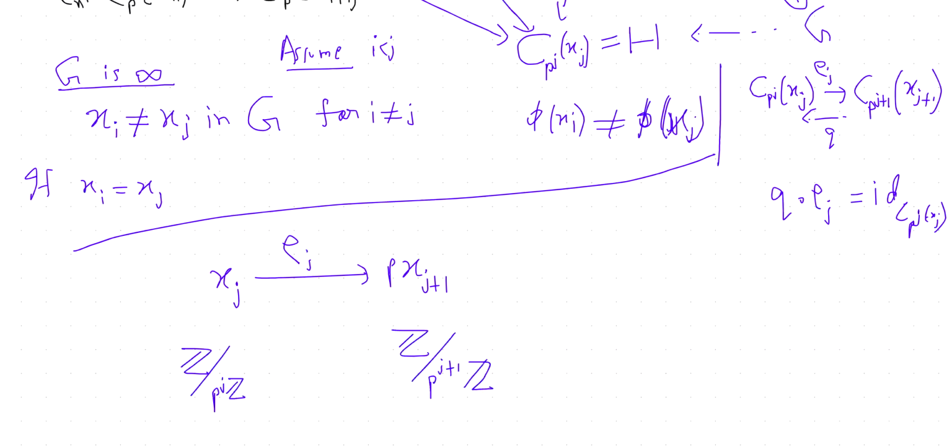So there is a natural quotient map, right? It's a natural quotient map. Just send any element x to just its coset.